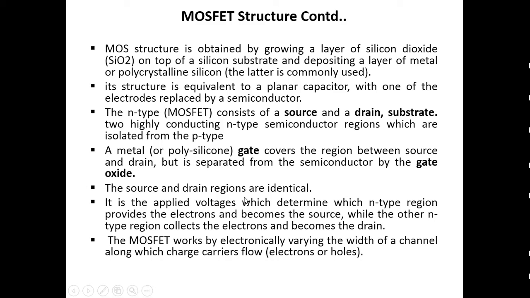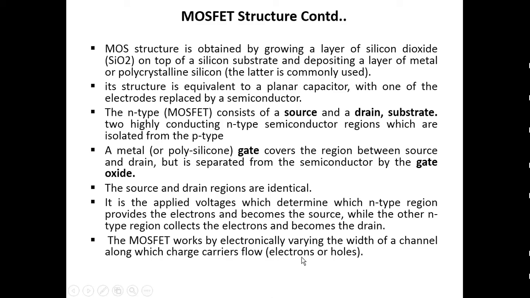The source and drain regions are identical in nature. It is the applied voltages which determine which N-type region provides the electrons and becomes the source, while the other N-type region collects the electrons and becomes the drain. So both heavily doped N-type regions are identical, and which is the source and which is the drain depends upon the voltages we apply for operating the device.